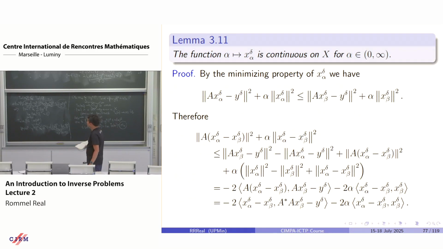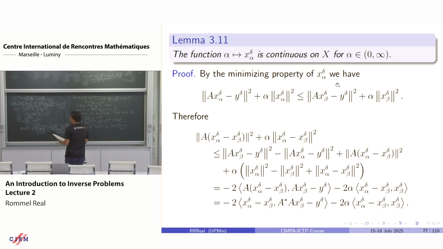Now, in the next one, which we'll elaborate later on, we'll show also that the mapping from a regularization parameter to a regularized solution is continuous on X for alpha taken across the set of positive real numbers. So again, as you can see, we'll just keep on using the minimizing property of x sub alpha delta.